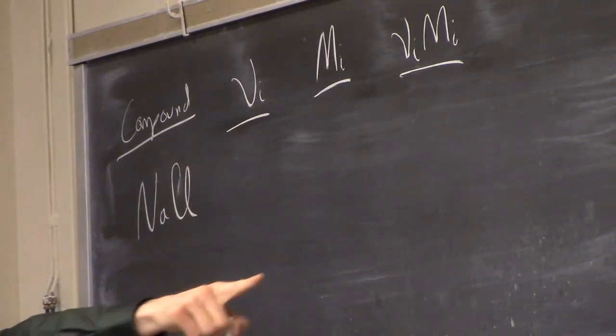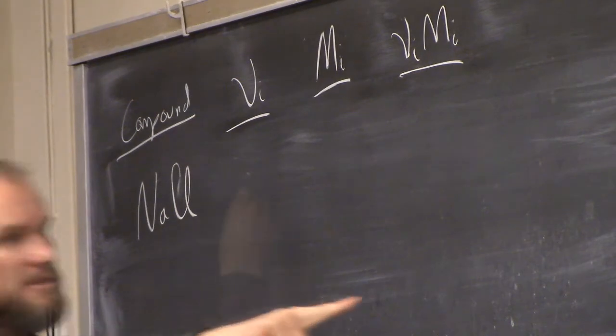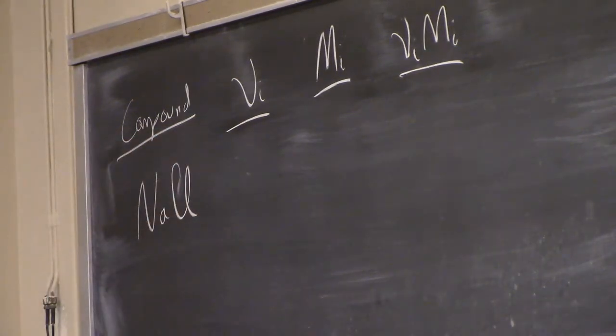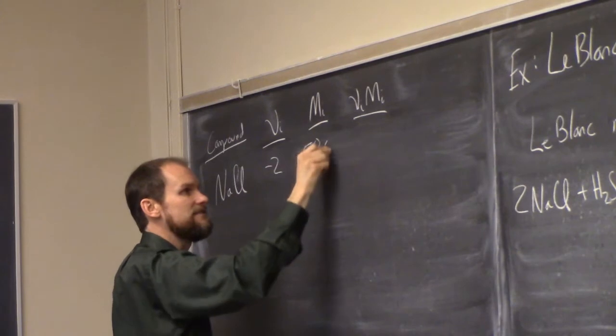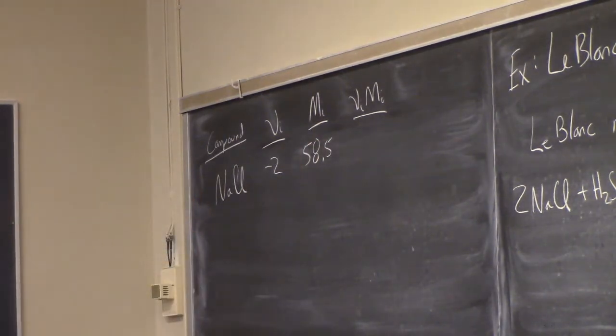So sodium chloride, the stoichiometric coefficient is, everybody? Minus 2. I know you all said the minus. Molecular mass of sodium chloride: 58.5. What's the easiest way to get that? Periodic table. Yes, that's easy, and on the test you need to do it there.